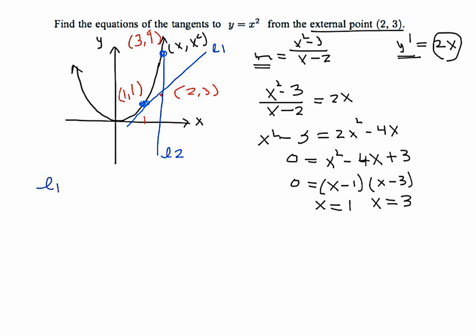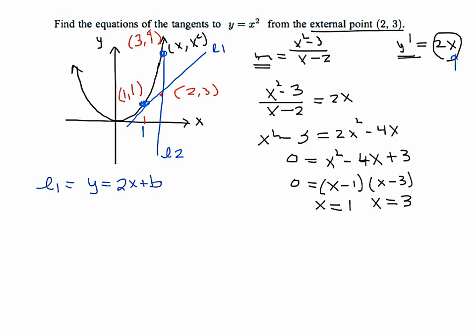L1 deals with points (1, 1) and (2, 3). At x equal to 1, the slope has to be, plug it in, 2x is the slope at any given point. So when x is equal to 1, your slope has to be 2. So for y, the equation is y equals mx plus b, but your m, the slope, is equal to 2, so 2x plus b.